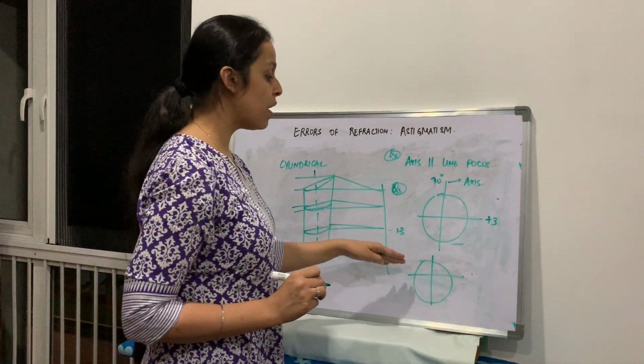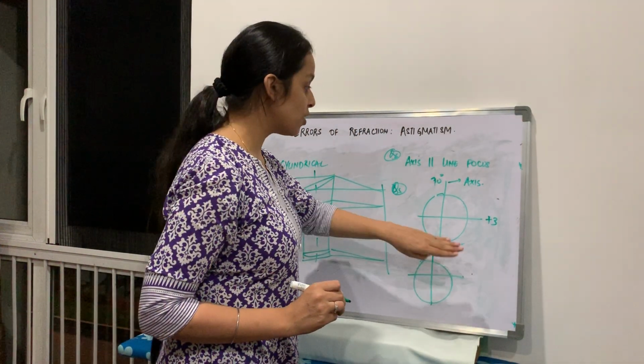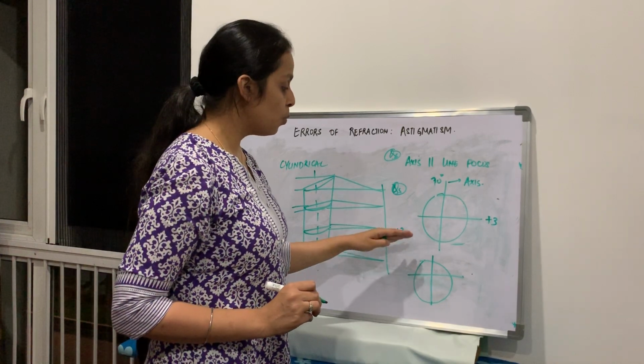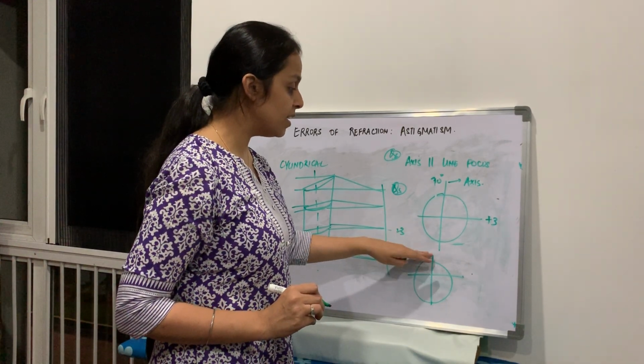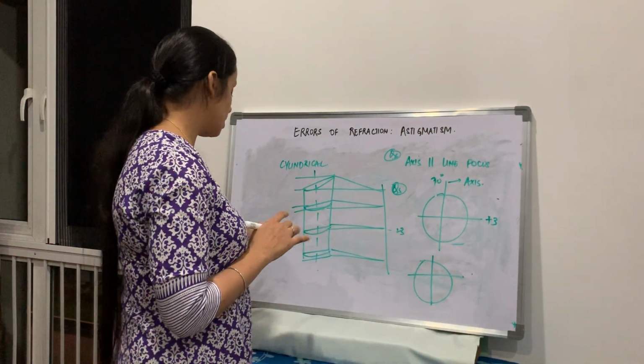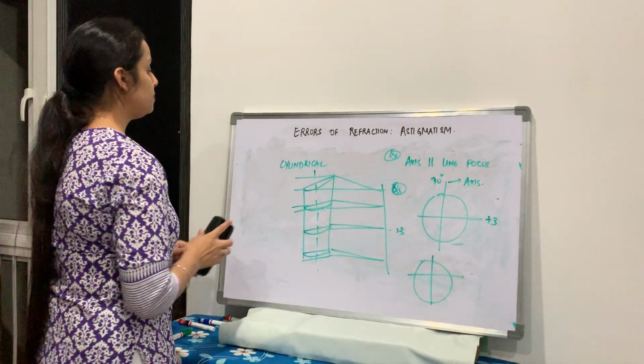And if you want the power to act at 90 degrees, you have to give the axis as 180. That is one thing which must be remembered.